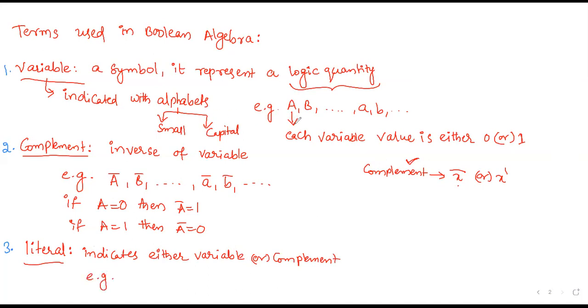Here we indicate variables with a, b, and complements with a bar, b bar. Examples are capital A bar, small a bar, capital B bar, small b bar. So a literal may indicate a complement or a variable.